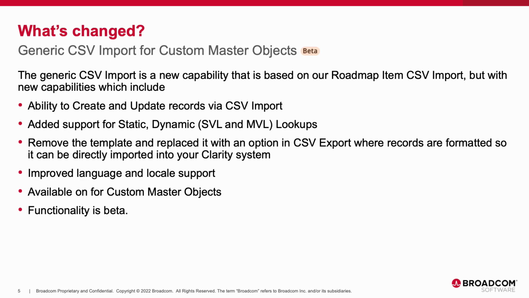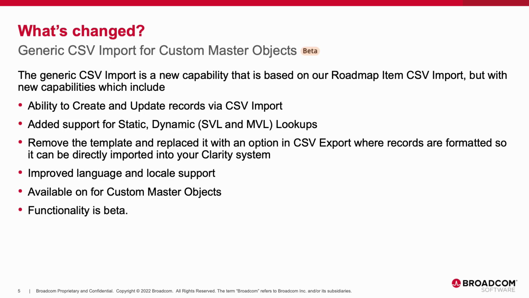One of the things we enhanced is the ability to update records. In the roadmap item import, you're only able to create records via CSV import. We also added support for lookups: static, dynamic, single value, and multi-value lookups.